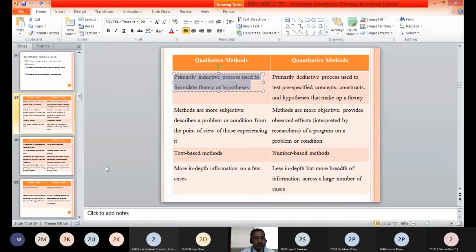Inductive process means what? In qualitative method, what we do is we try to explore a particular problem in detail.